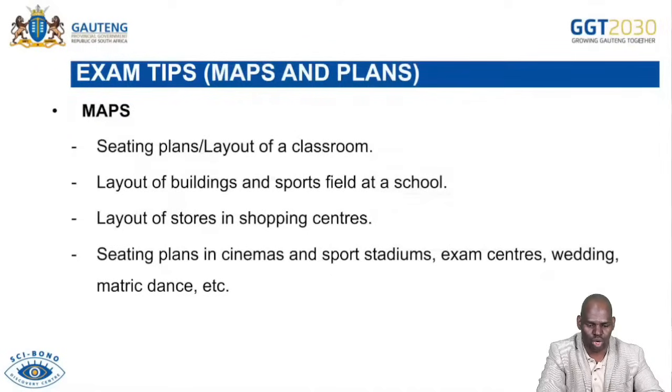Layout of buildings or sports field at a school, layout of stores in a shopping center, sitting plans in cinemas and sports stadiums. So these are the possible types of maps that the examiner might give you and ask you questions based on them.